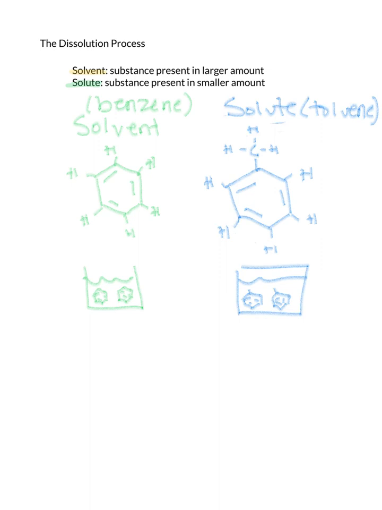And if we did a very quick review of looking at these molecules, we'd notice that they're what we call nonpolar, right? This is a nonpolar molecule. It's all carbons and hydrogens. And so is this one. And if we thought about the intermolecular forces then, the intermolecular force that we're dealing with is London, or remember the other name is dispersion forces. And just the same over on the toluene side.